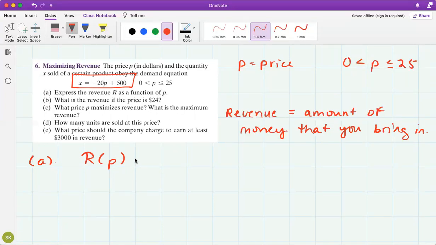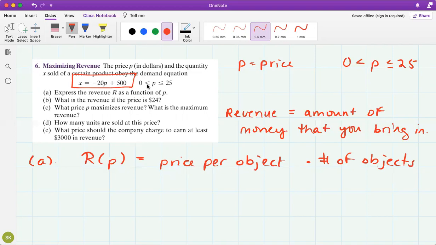So the revenue is the price per object times the number of objects. So if I sold 2 objects for $30, 2 times 30 is 60, so I would bring in $60. So that's what we're going to do here.